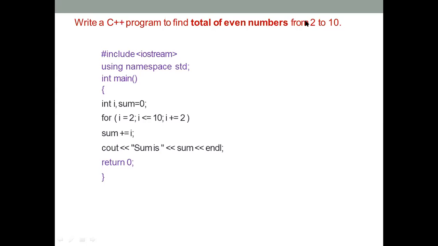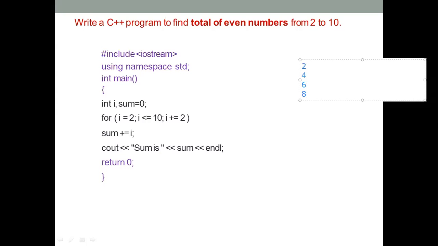Okay, so as I say, 2 to 10 even numbers means that you start from 2, then after that 4, 6, 8, and 10.